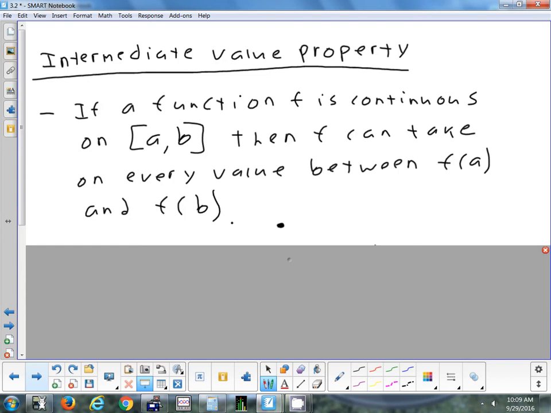Plug in B into your function and let's say you graph it and it's right there. Now if my function is continuous, it means I need to connect these two dots with some type of curve and I never lift my pencil. Maybe I go lower, maybe I even go higher, but I guarantee you I will hit every y value from here up to here. I will hit every single y value in this range. I have to, okay, because it's a continuous function from this point all the way to that point.